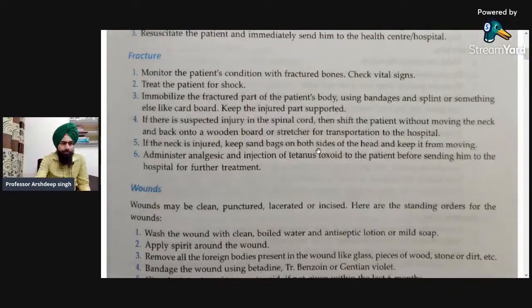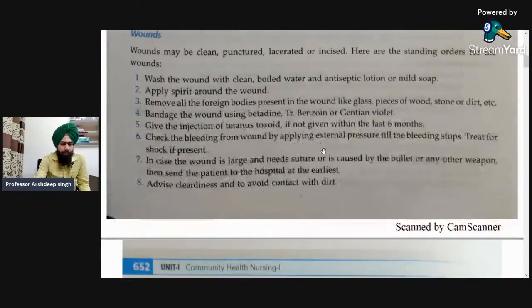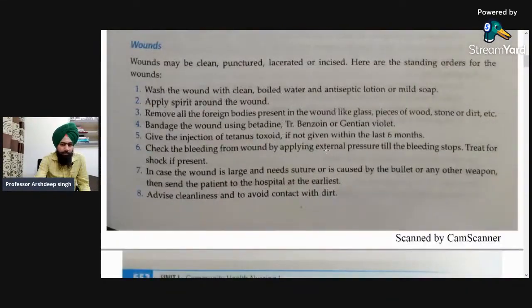Next one is wounds. So for wounds, we will talk about the different types of wound in a single paragraph. Wounds may be clean, punctured, lacerated, or incised. Okay, that means these are the types of the wound. Clean means there must be any type of scratch, or punctured, like pricking of any of the sharp needles or objects.